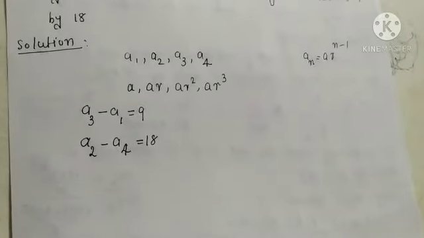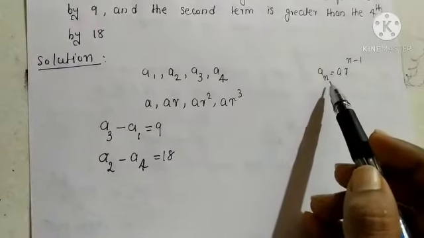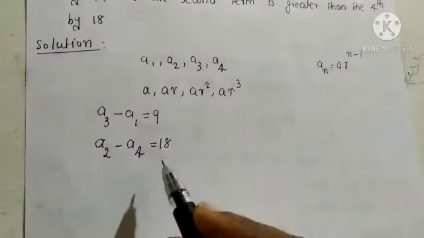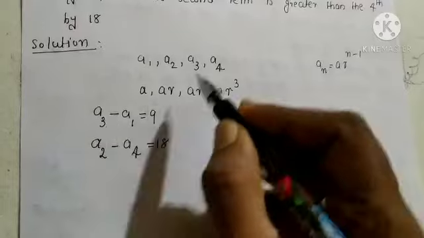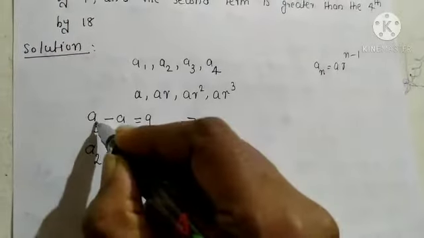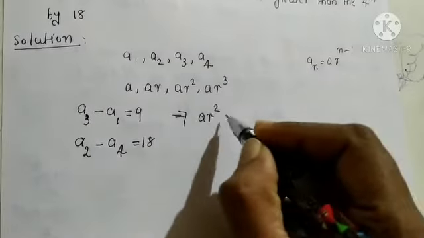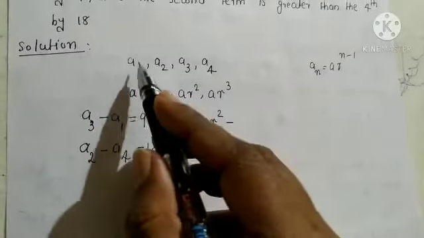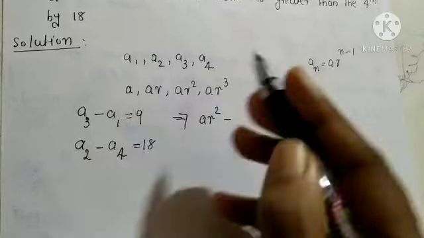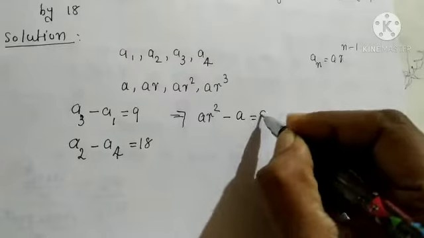Okay. So next I am going to use the nth term formula here, and we know that the third term can be written as ar square, minus the first term, written as a, equal to 9.